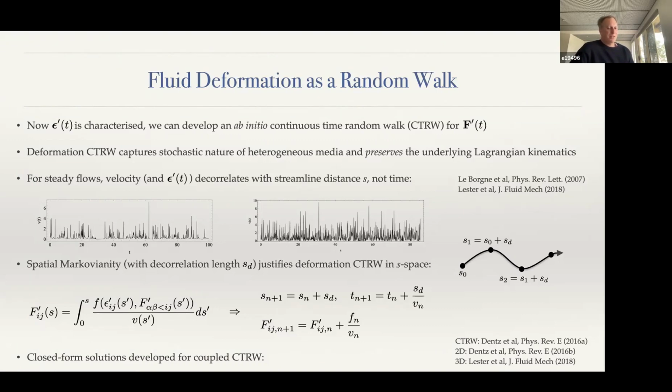We can construct the integrals that allow us to calculate the components of the deformation tensor as shown below. And we end up with a simple random walk. S is the distance along a streamline. S_D is the correlation distance, which is fixed. T is the time from one increment to the next in the CTRW, and that varies with the local velocity.